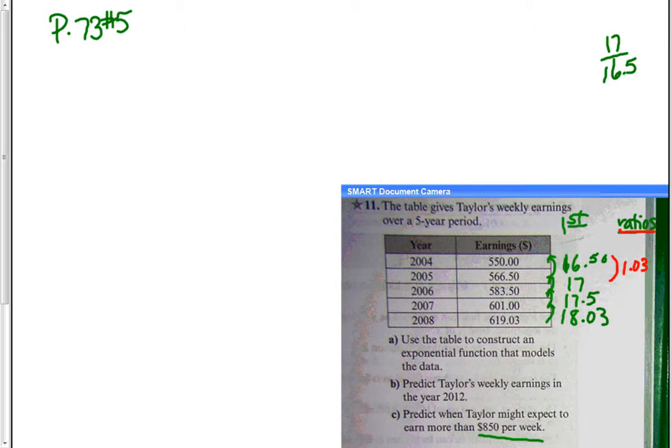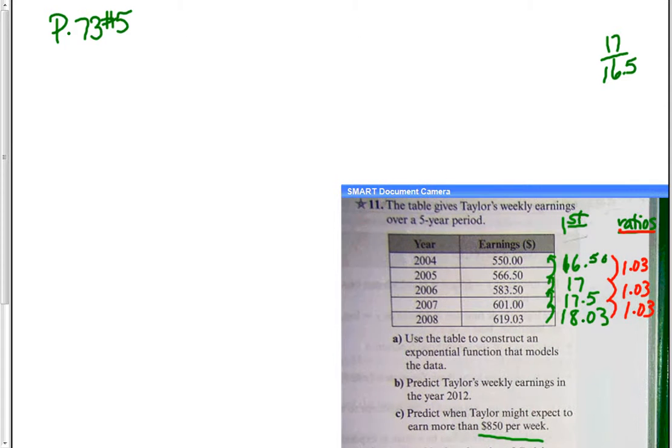So it's going up by 3%. 17.5 divided by 17 is 1.03. If you round just a little bit, 18.03 divided by 17.5 is 1.03 approximately again. So our rate of growth using that table of values is 1.03.